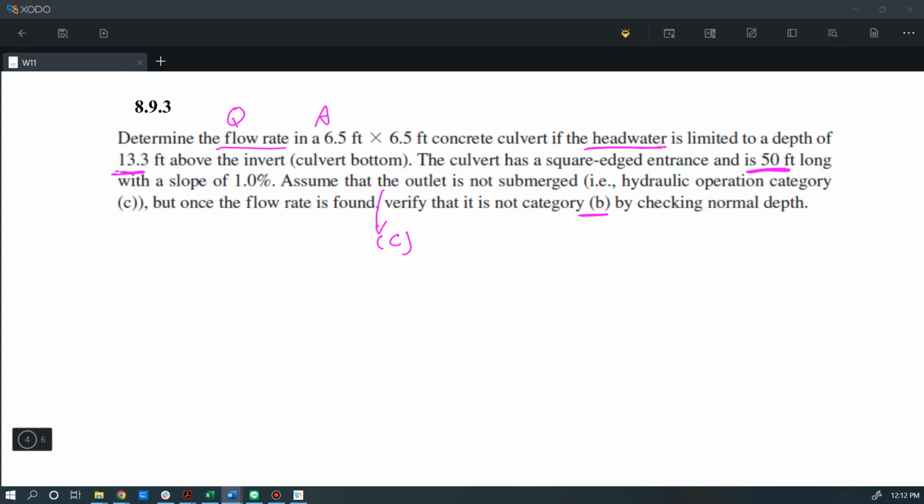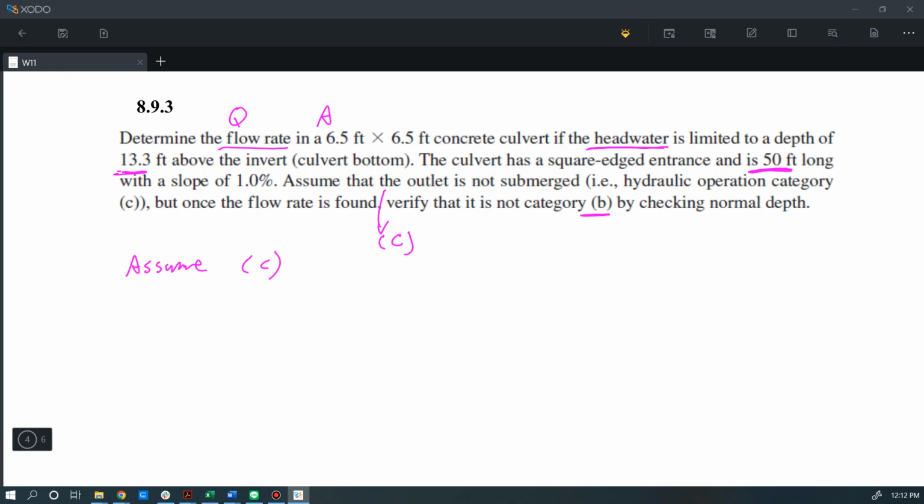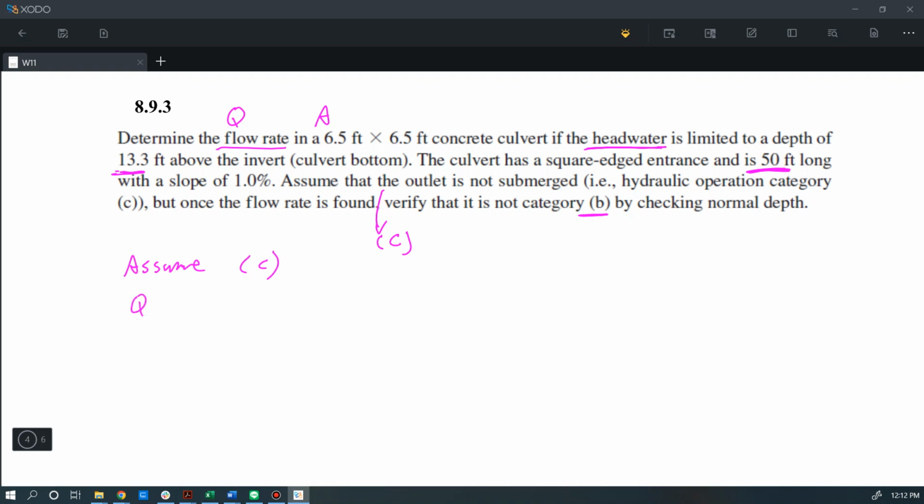So let's start with assuming we are in case C, and in case C, the flow rate can be calculated using this equation.